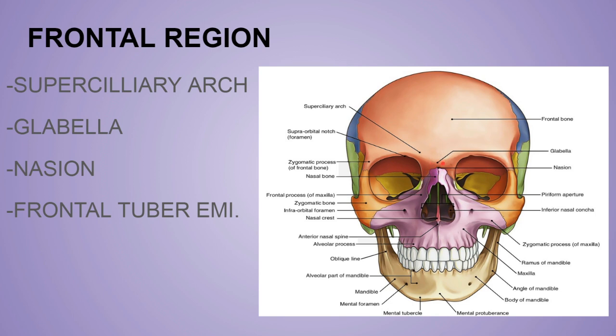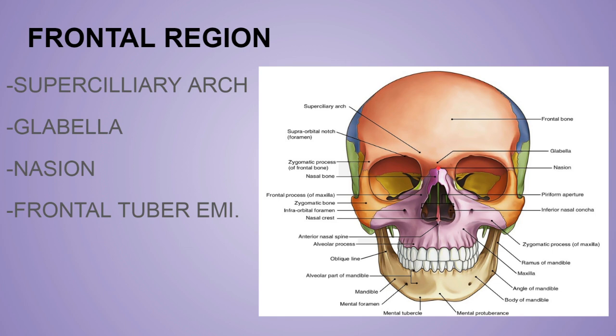So between these 2 there is one suture known as the frontonasal suture. And next is the nasion. Nasion is that part where the frontonasal suture and the internasal suture, this is the internasal suture, which connects these 2 nasal bones, meet. So the meeting point of the frontonasal suture and the internasal suture is known as the nasion.